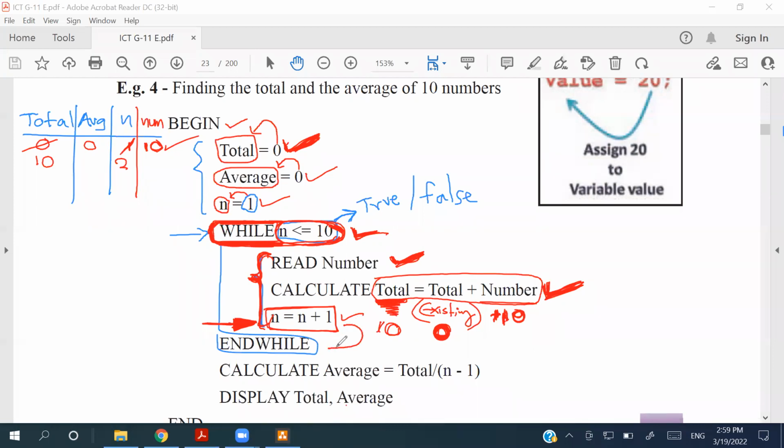That means we are not going to go straight forward from here to here. Instead, they are going to go from the last line to this particular line right over here.